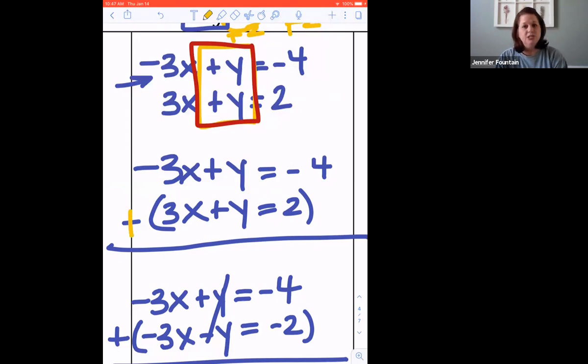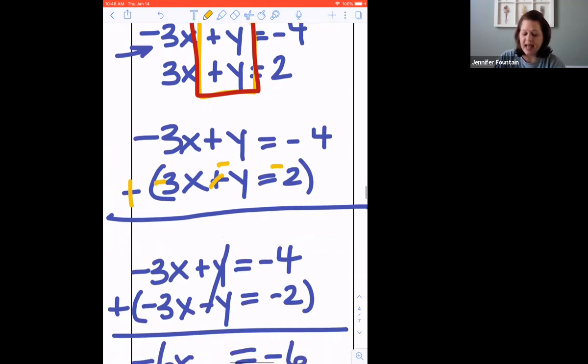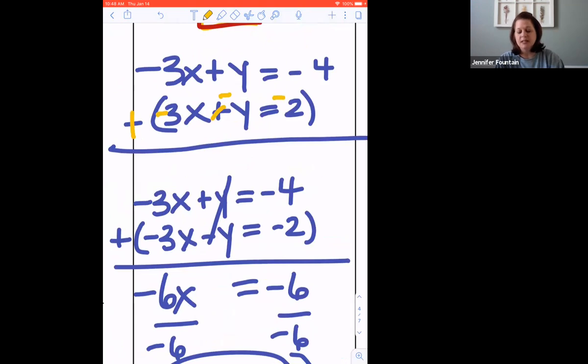So I want to change subtraction to addition, but I have to change the sign of each term. So now my 3x in parentheses becomes -3x, plus y becomes minus y, and +2 becomes -2. So then I have -3x plus a -3x is -6x.